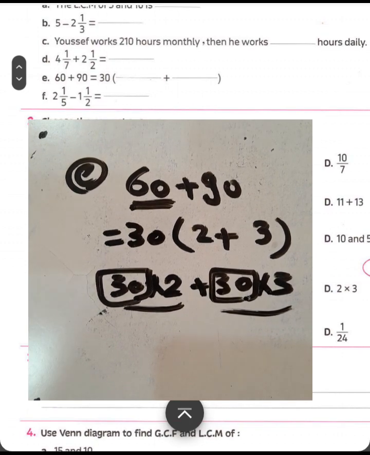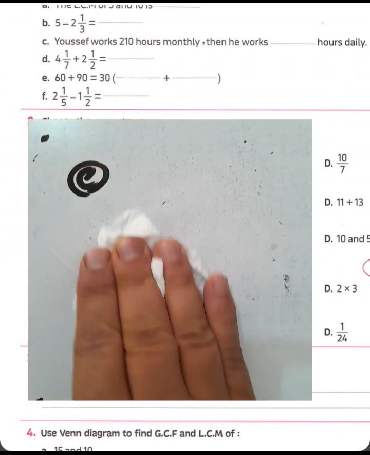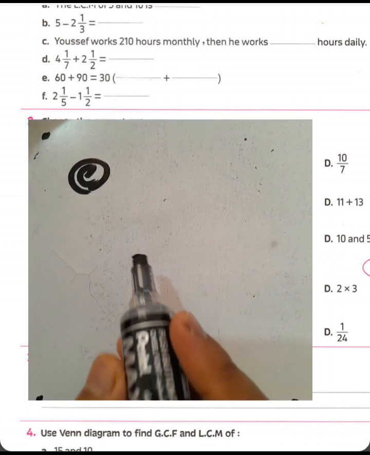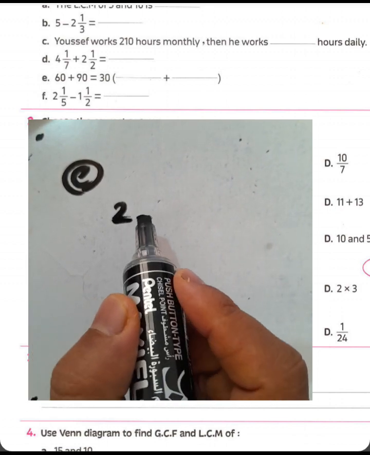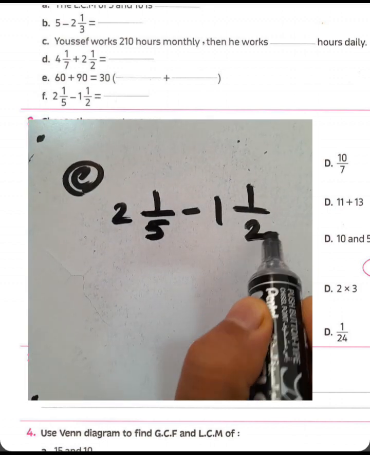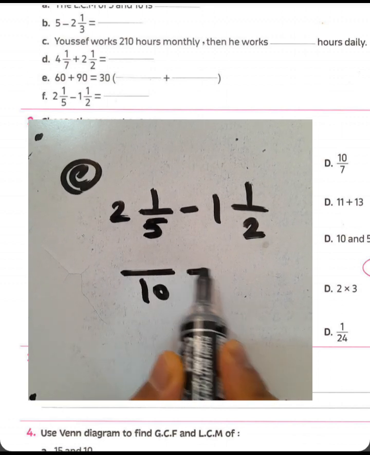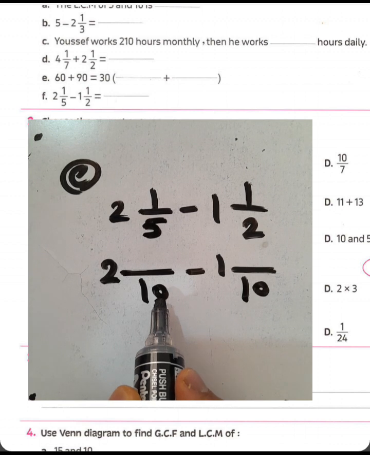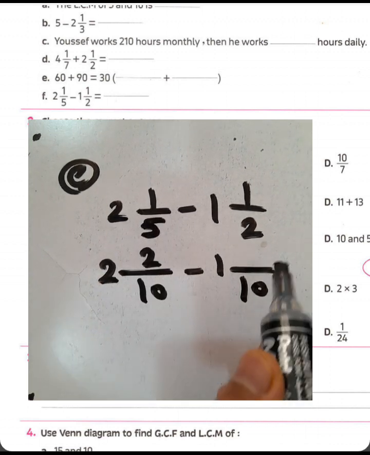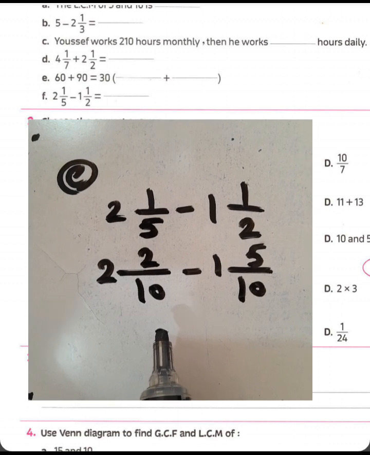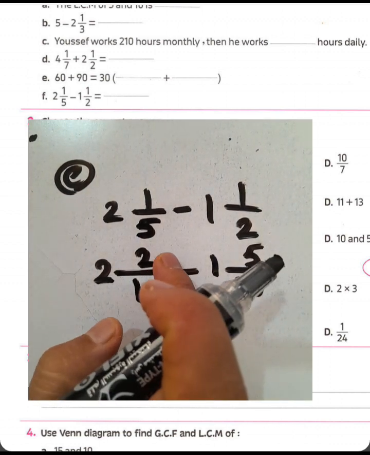Letter F. 2 and 1 over 5 subtract 1 and a half. We can solve this example by finding the least common multiple between the two fractions here. 2 and 1 over 5, subtract 1 and 1 over 2. The least common multiple between them equals 10. 5 times 2 equals 10, 1 times 2 equals 2, 2 times 5 equals 10, 1 times 5 equals 5. Look here, 2 and 5.